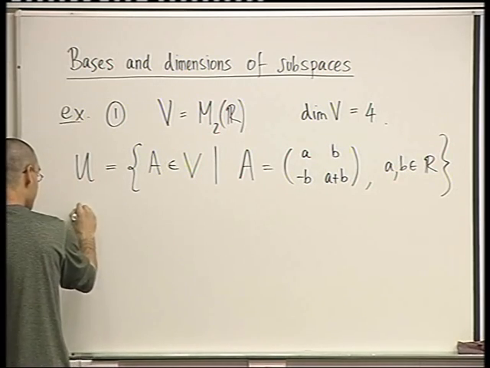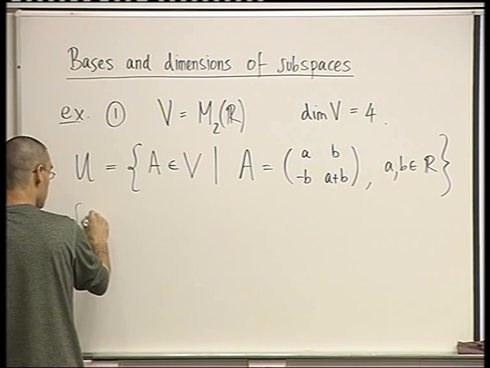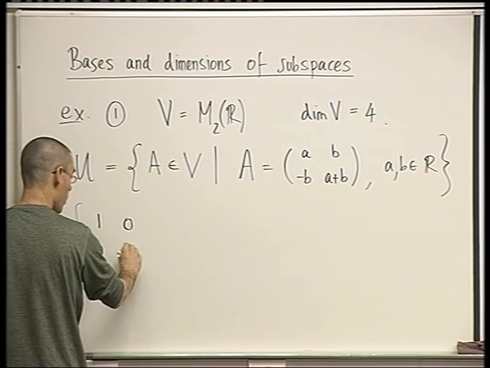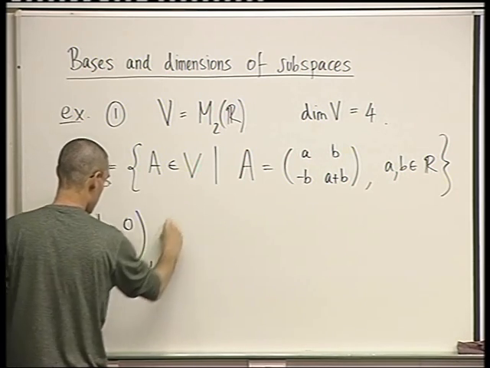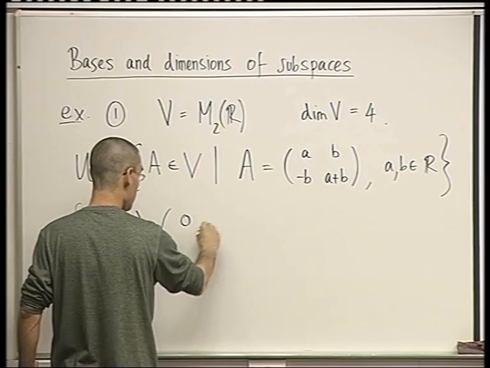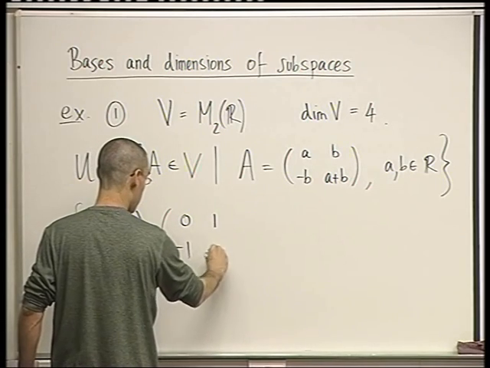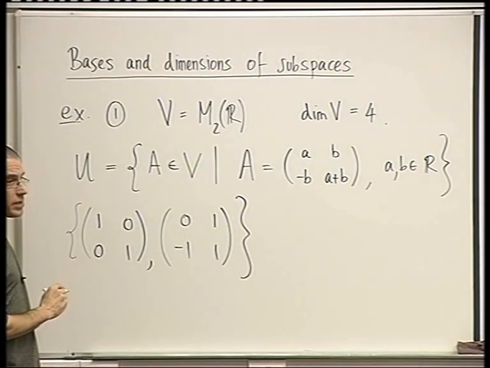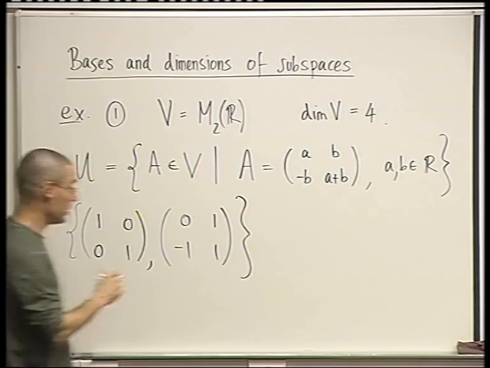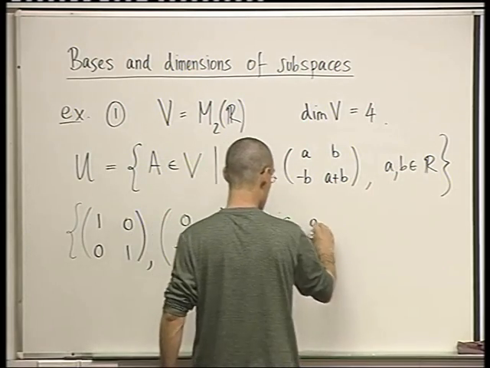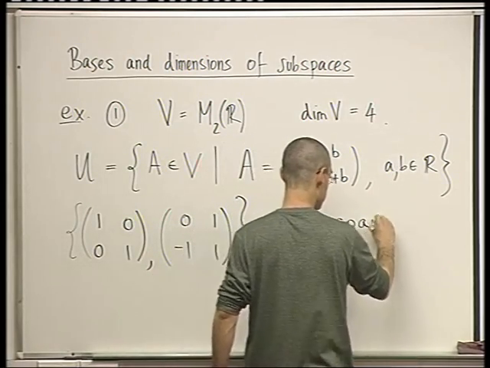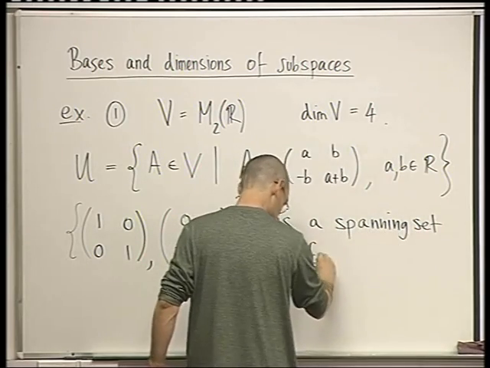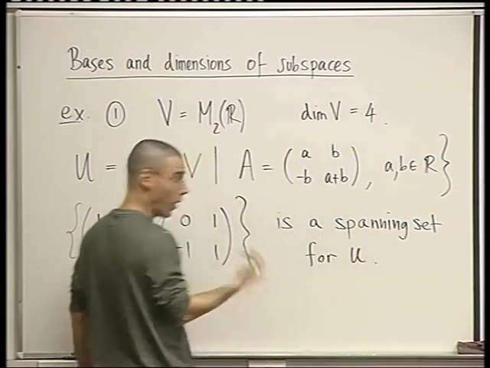The set containing the matrices [1, 0; 0, 1] and [0, 1; -1, 1]. This set of 2 matrices is a spanning set for U, for the subspace. Why?